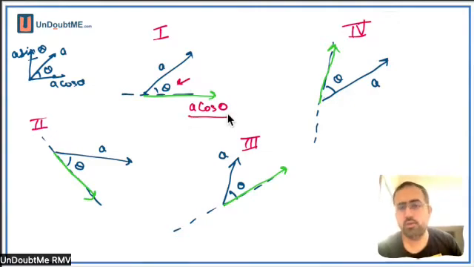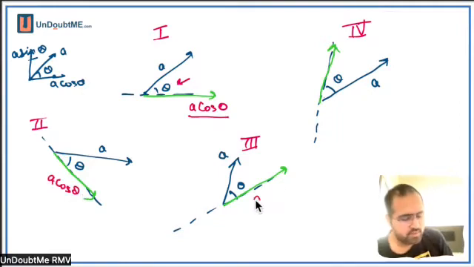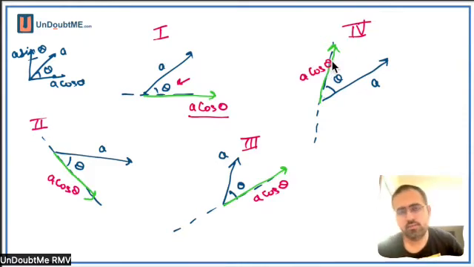It will always be A cos theta, applicable for all the systems. So this green one will be A cos theta, this green one will be A cos theta, and this green one will be A cos theta, irrespective of how they look, because appearance is deceptive. You may get different appearances, but this thing will be common. They all are in the direction of the angle. Is that clear?